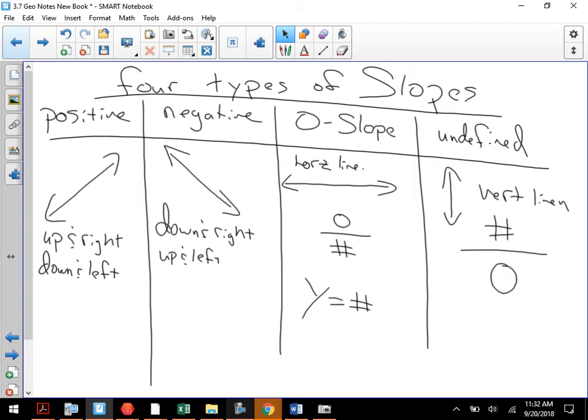Can you divide by 0? No. That's why it's undefined. Undefined is when you have 0 in the denominator. 0 is when you have 0 in the numerator. And therefore, y equals a number goes left and right, x equals a number goes up and down. Again, this should be all review, hopefully-ish.